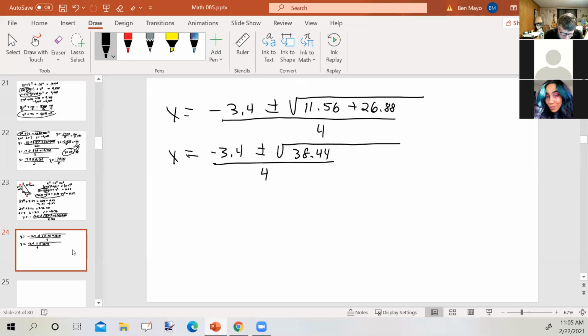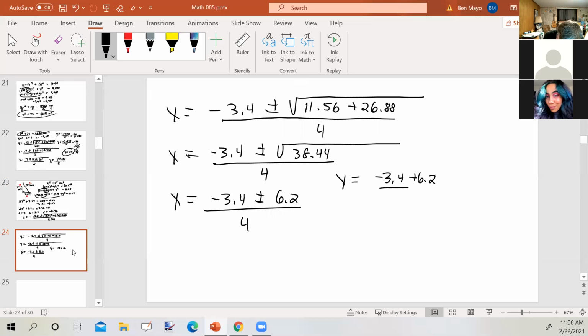Let's see. Oh, that's a perfect square. How nice. So I get negative 3.4 plus or minus 6.2 over 4, because the square root of 38.44 is 6.2. So now I've got x is negative 3.4 plus 6.2 all over 4, or x is negative 3.4 minus 6.2 all over 4.